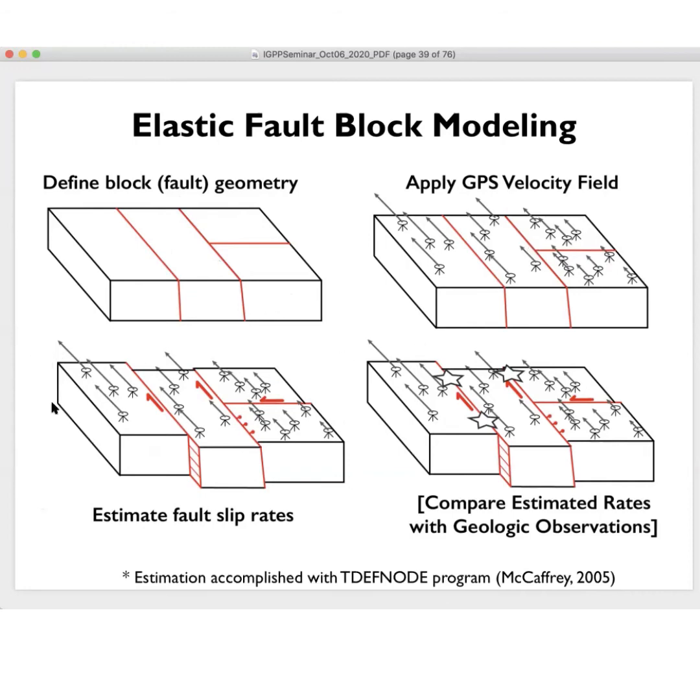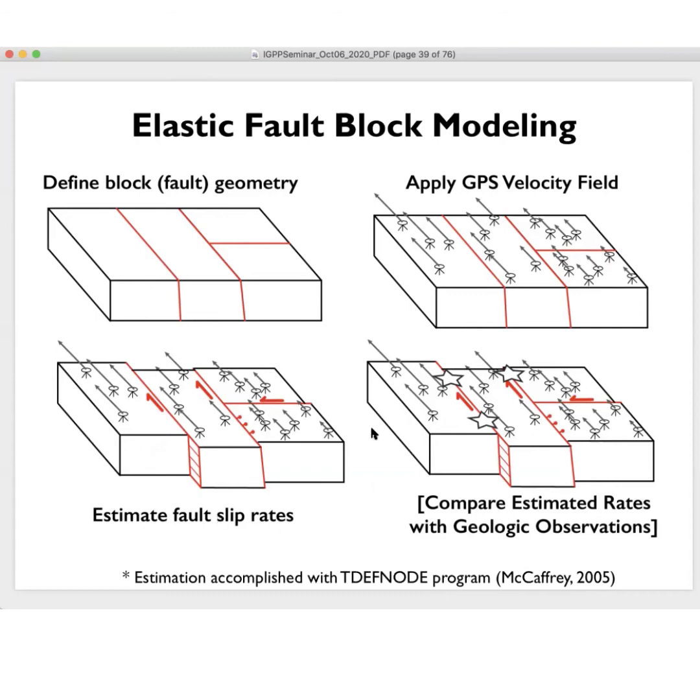So we basically say to the model, okay, run an inversion that says at this point where this GPS data point is located, find a velocity that gets as close to that GPS velocity data point as possible. And as the program does this, it actually estimates Euler poles for each of these blocks. And the rotation defined by that Euler pole defines the relative block motion, and that is our estimated fault slip rate.